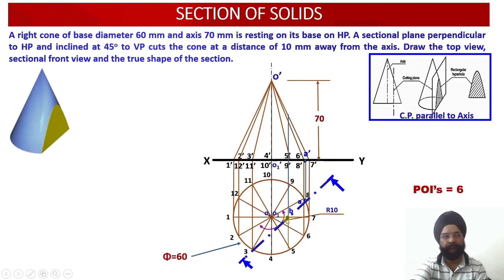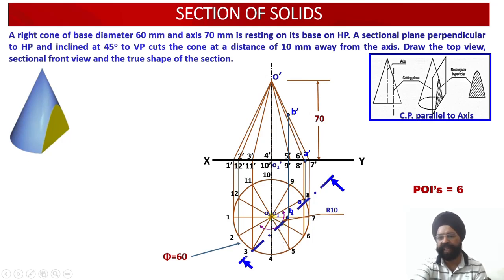The moment I pick this up, I am able to obtain this point B dash over here. So this point B dash has been located on my slant projector O dash 7 dash. Why have I located it on O dash 7 dash? Because point B was located on this plan projector O7. So now the corresponding point B dash has been located. Now let's work out the third POI.